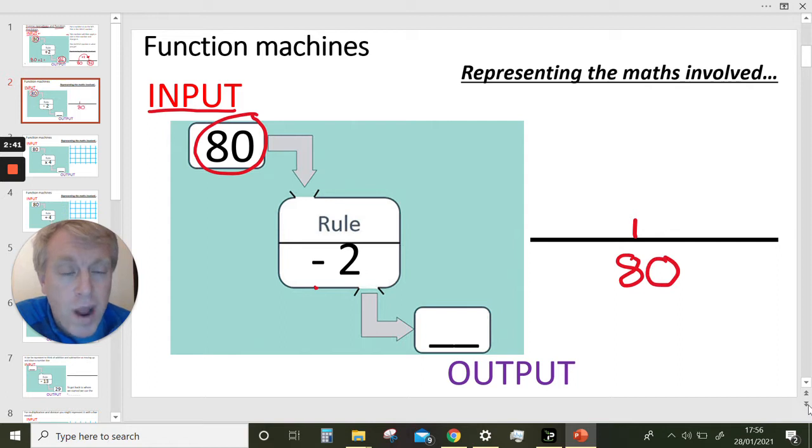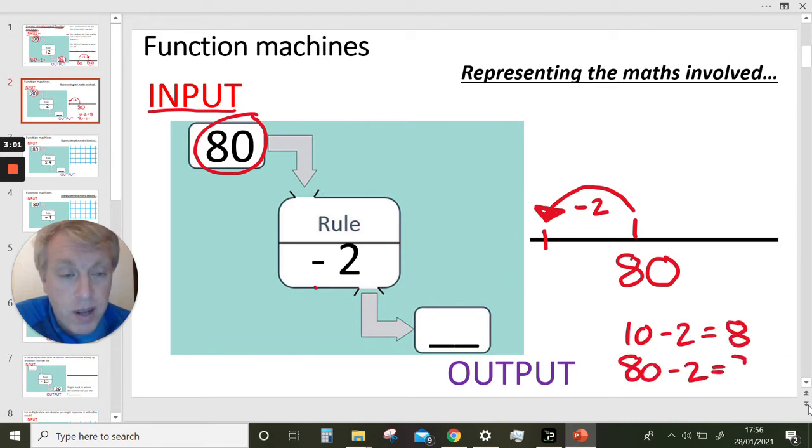This time we're not going up the number line, we're going down, taking away, counting backwards. Take away 2. Well, 10 take away 2 is 8, so 80 take away 2 is 78. Okay, good. We started with some easy ones just to get the idea.